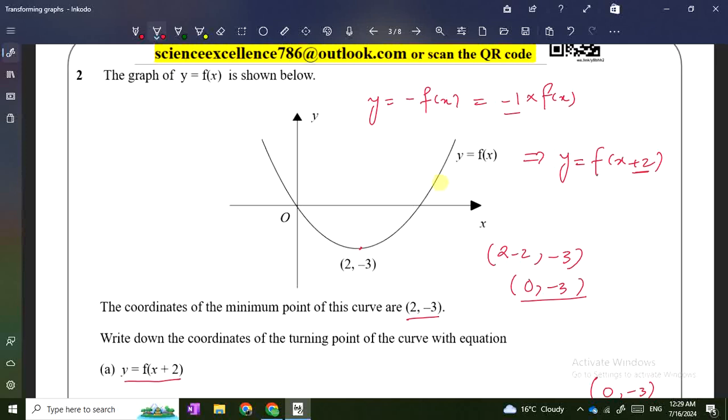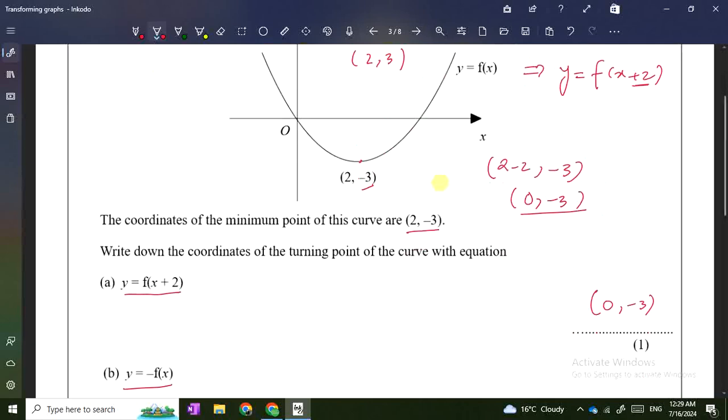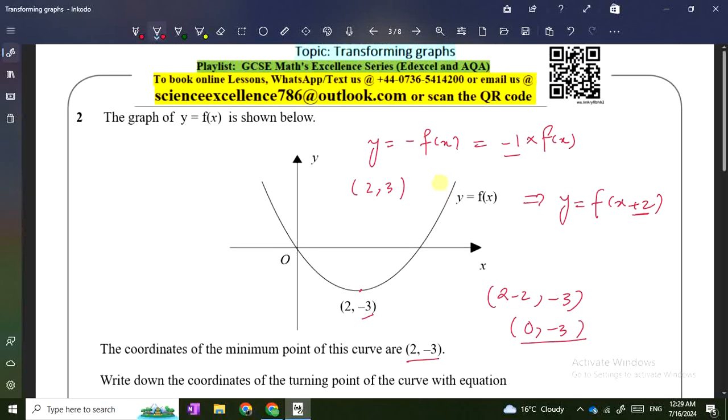If you multiply by minus 1 with the y coordinate, which is minus 3, it will turn into positive 3, so the new coordinates should be 2 and 3. So the coordinates of the turning point of the next function will be 2 and 3.